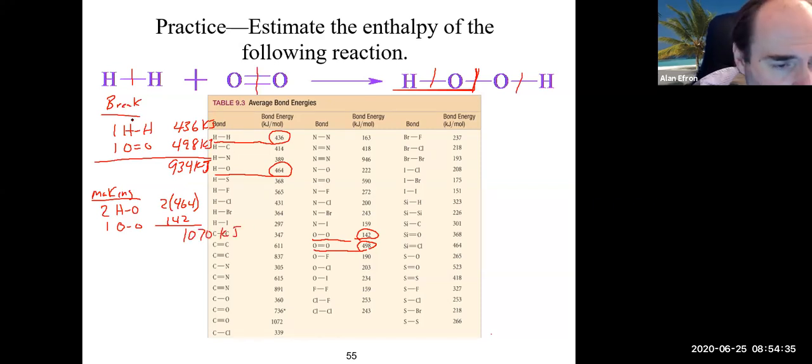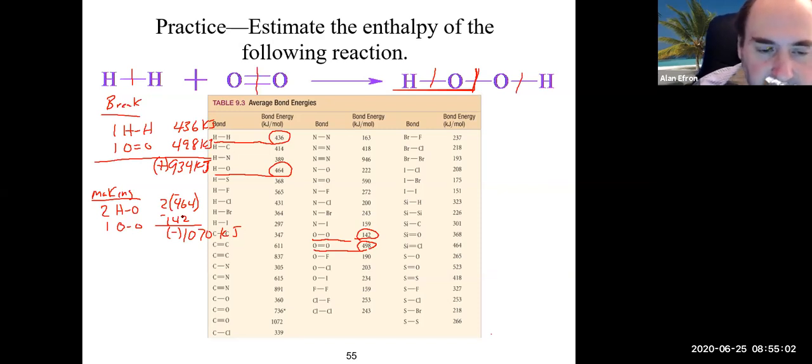Now remember that when we break bonds, it's endothermic, so this is all positive. And when we make bonds, it's exothermic, which means technically that's all negative. So again, you've got to make sure you get the sign correctly. Technically, all these values here would be negative values. If we add those together with the correct signs, that's 934 plus negative 1070.